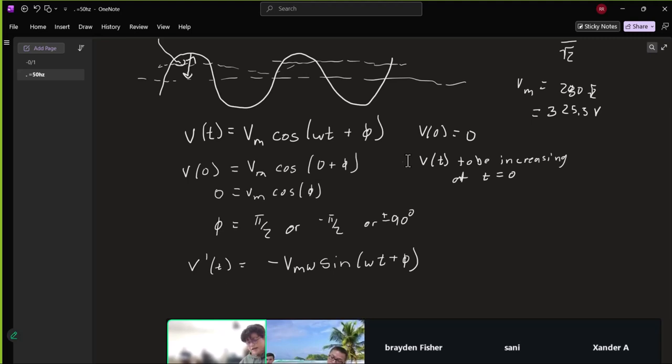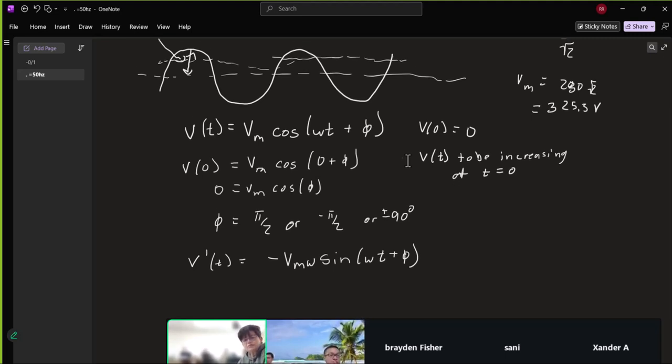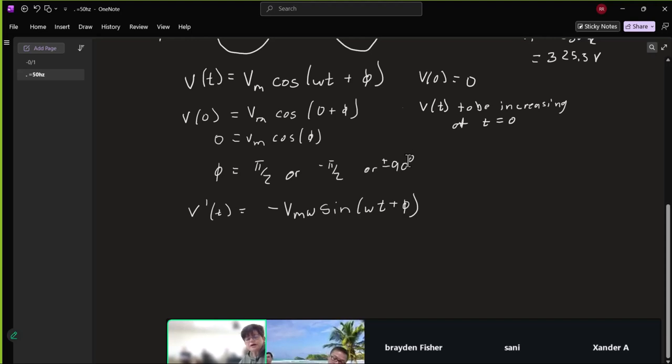I need this to be greater than 0. And if I plug in 0, I get minus Vm omega sine phi.